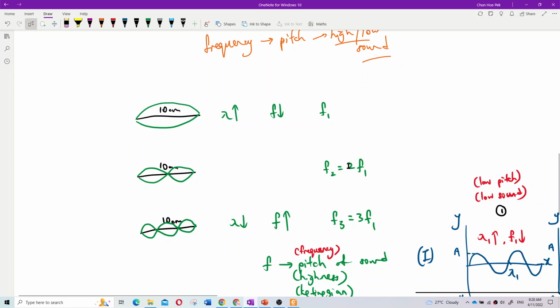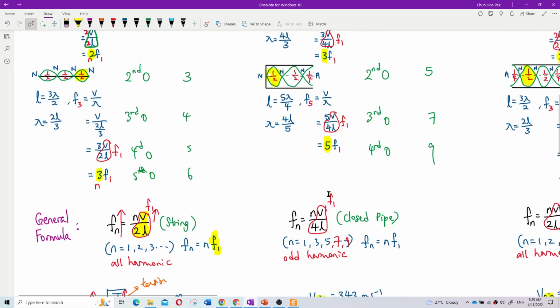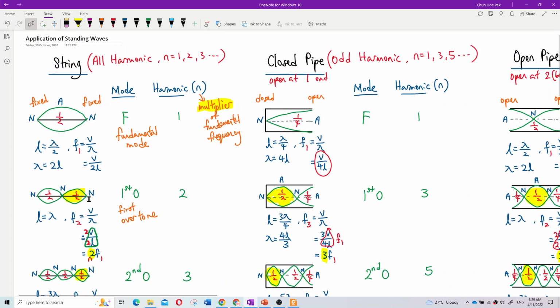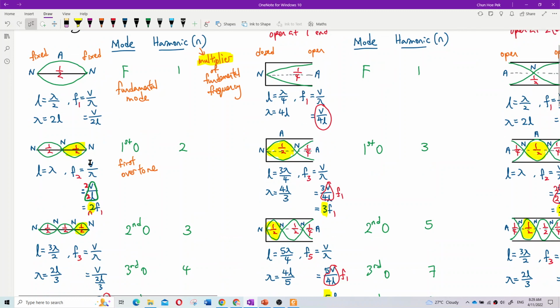How do you get these 2 times and 3 times? That's the question. How? You calculate the number of wavelength. That's what I showed you just now. From here, note to note to note.